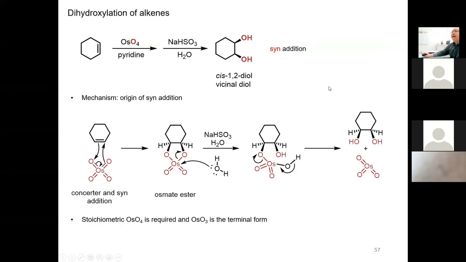And the mechanism: why is it a syn addition? The reagent we usually use for the dihydroxylation is called osmium tetraoxide, OsO4. This molecule looks like this. Osmium is attached to four oxygens, and each of them forms a double bond with the osmium.